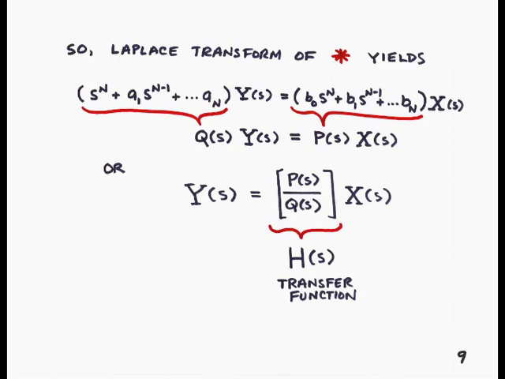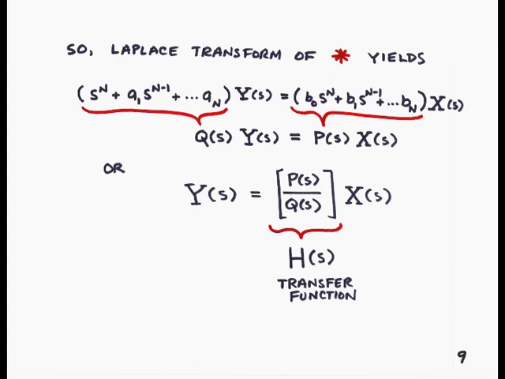From that point, we can find the transfer function. We divide the left-hand side and right-hand side by Q(s), and we find Y(s) is P(s) over Q(s) times X(s). Of course, Y(s) is the output and X(s) is the input, and the relationship between the two in the zero state case is the transfer function, which we label H(s). H(s) is P(s) over Q(s).